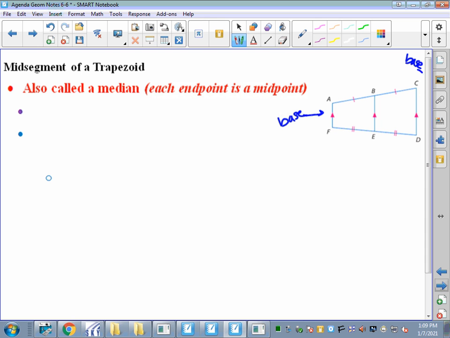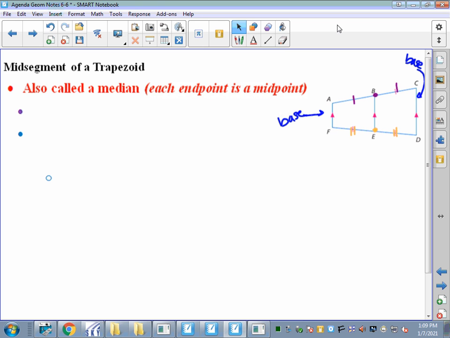Notice it's drawn crooked. I know that B is the midpoint of this side, therefore those two segments are congruent. I know that E is the midpoint of this side, so FE and ED are congruent. So I like the word median better, but the book calls it a mid-segment, so just be accustomed to those two things.